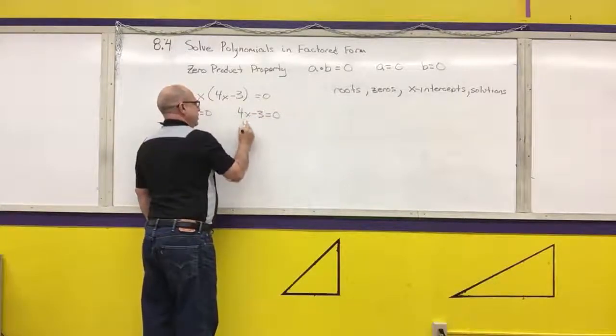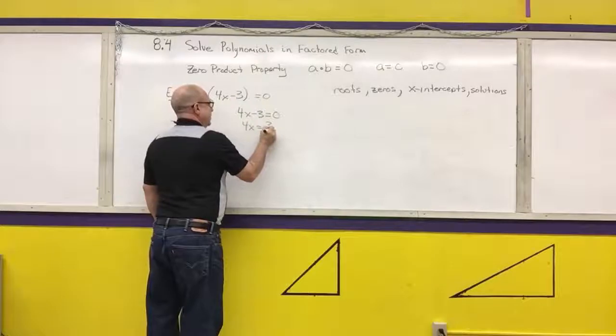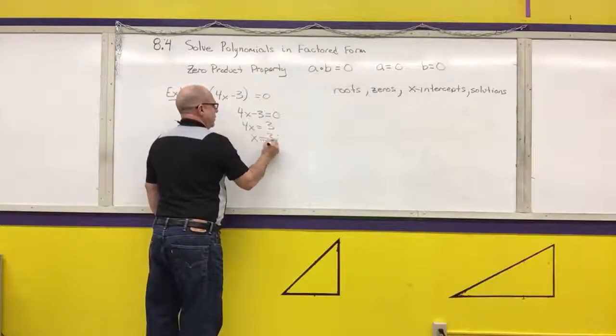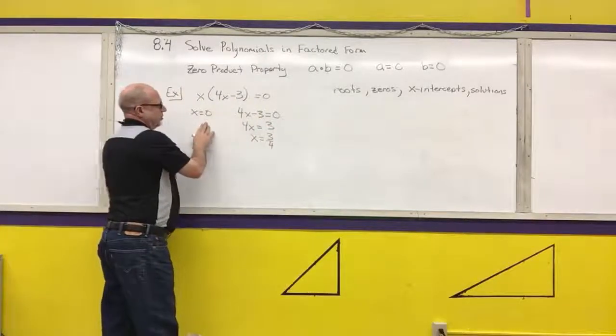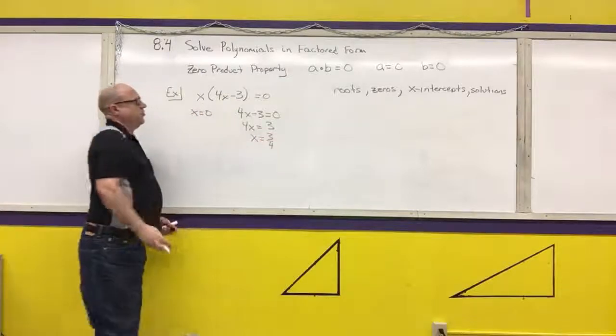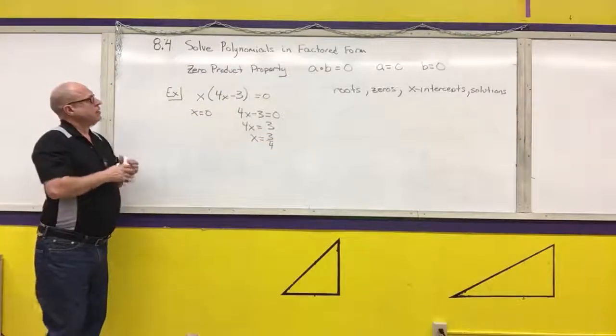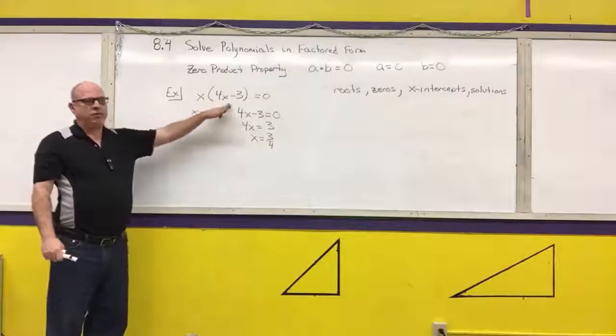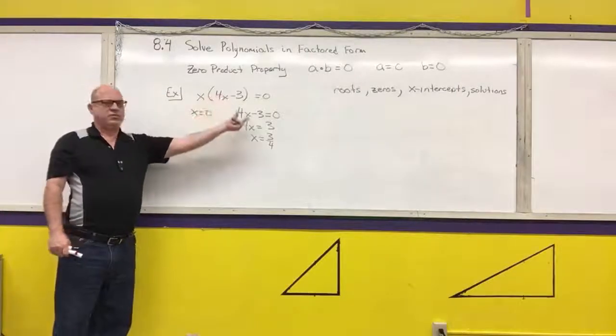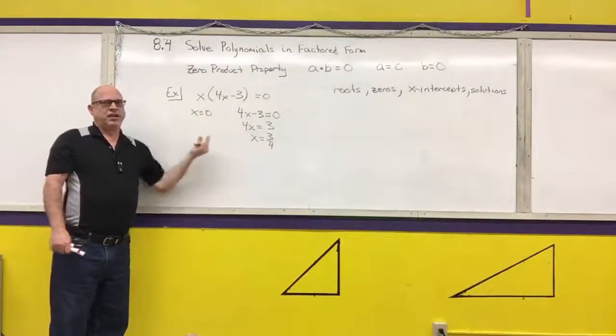Add 3. Divide by 4. So my answer is x equals 0 or x equals 3/4. So if it's already in factored form, all you do is you set each factor equal to 0, and you solve those associated linear equations.